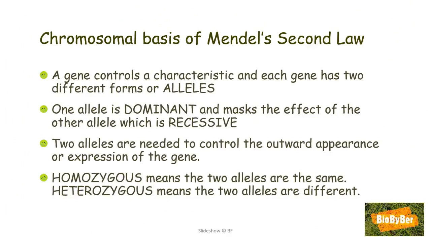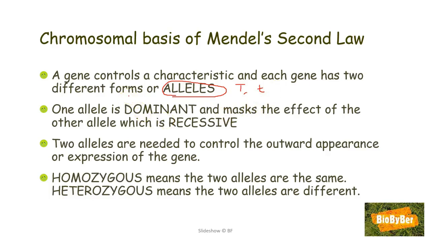Don't forget that a gene controls a characteristic, and each gene has two different forms, or two different alleles. So do you recall that we have a gene for height in pea plants, and the gene for height has two different forms? One allele is big T, which is for tallness, and the other allele is small t, which is the allele for smallness.